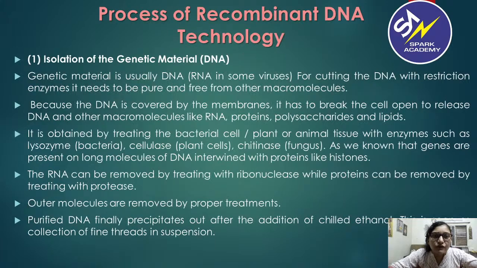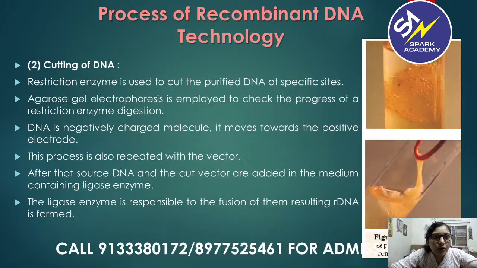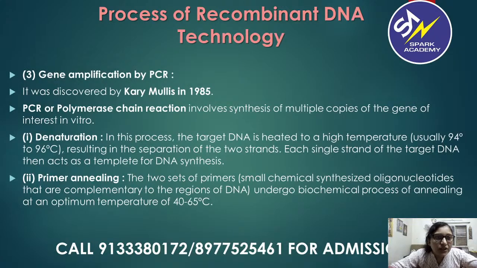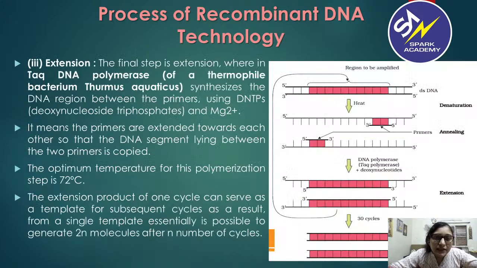So isolation of genetic material you can do, and after that you need to cut the DNA. Then the gene is amplified by PCR. PCR involves denaturation, primer annealing, extension, and finally there is amplified DNA.